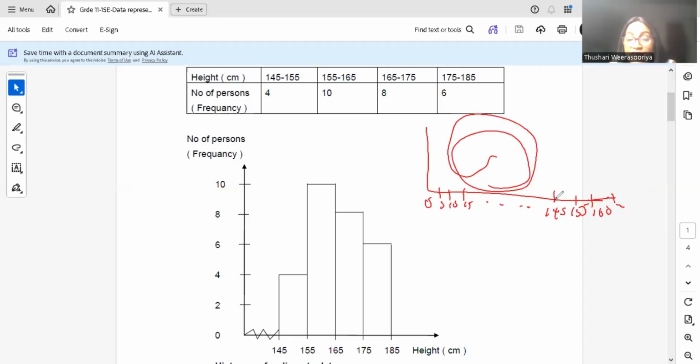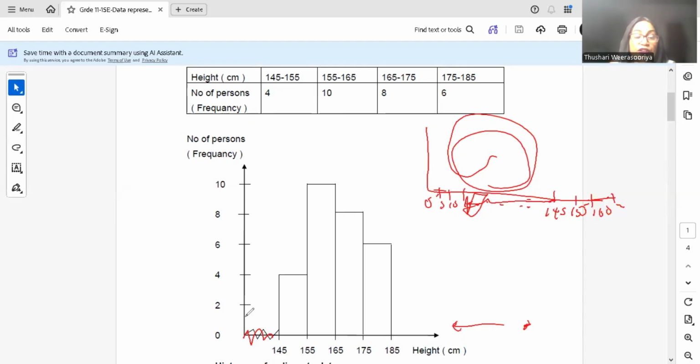To avoid that, we drag this scale from here to here. That's why we put a zigzag. We drag it to avoid the wastage of space and time also. Now, for the frequencies, you can draw 0 to this as the correct scale.